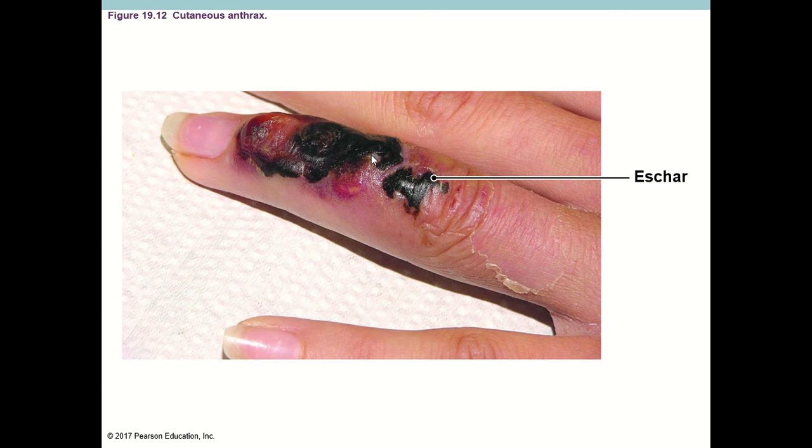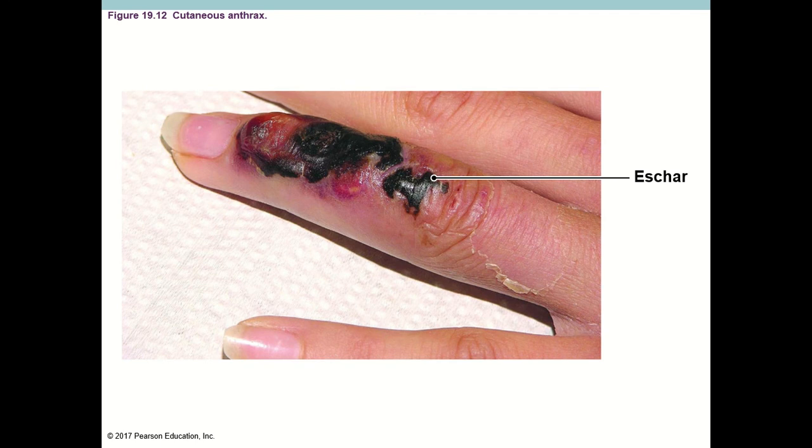And these lesions are called ulcers, which are fatal if left untreated. I'm showing you here the fingers, the hand, but they can occur anywhere on the skin of the patient.